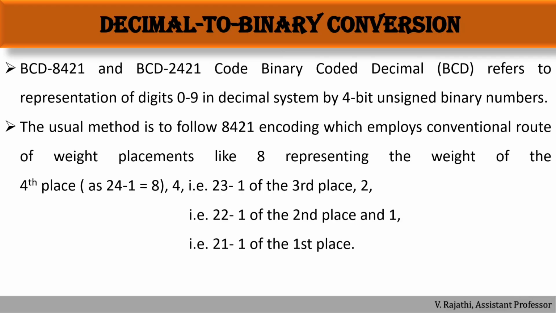The usual method is 8421 encoding, which employs the conventional weight placement, where the weight of the fourth place is 2 power 3, which is 8, then third place, second place, first place.